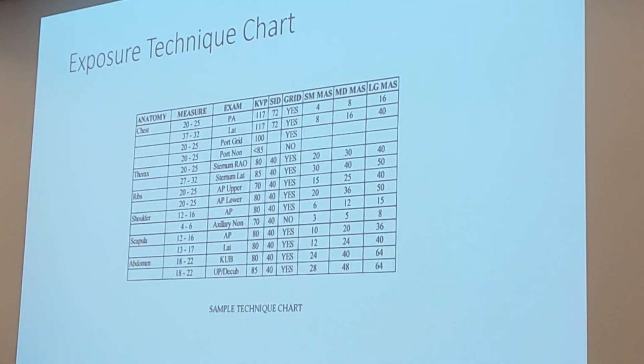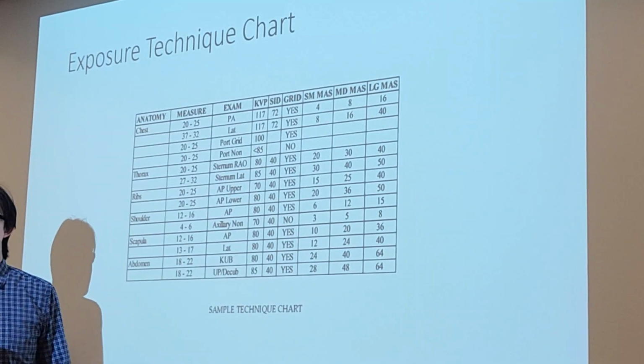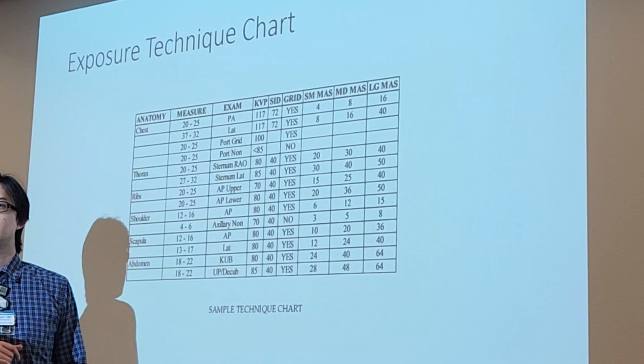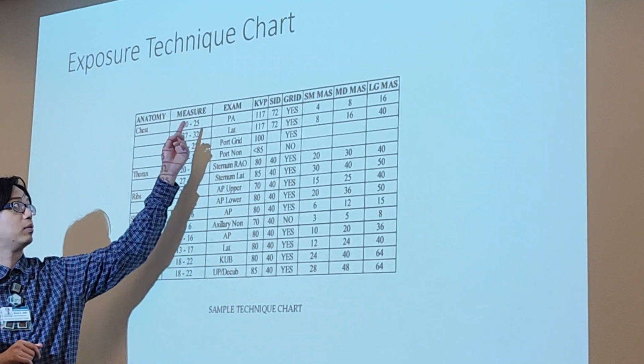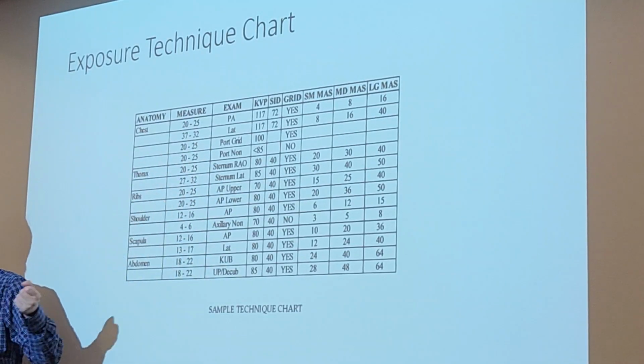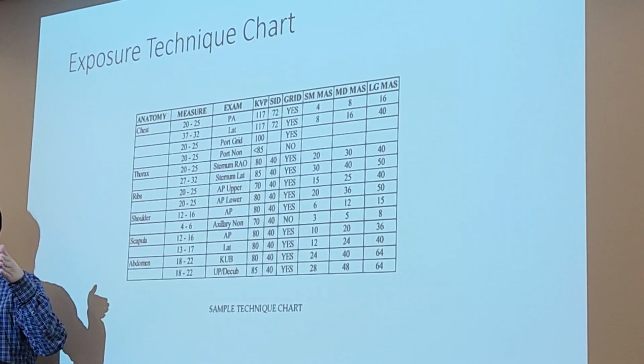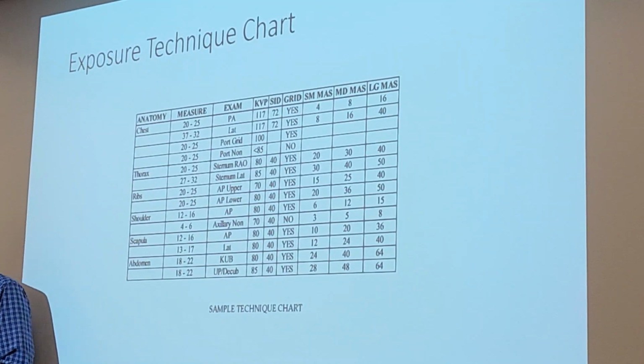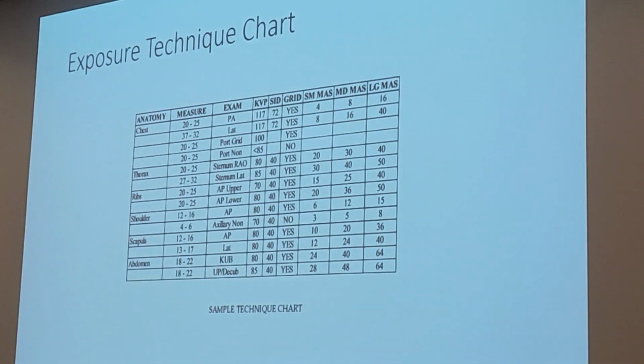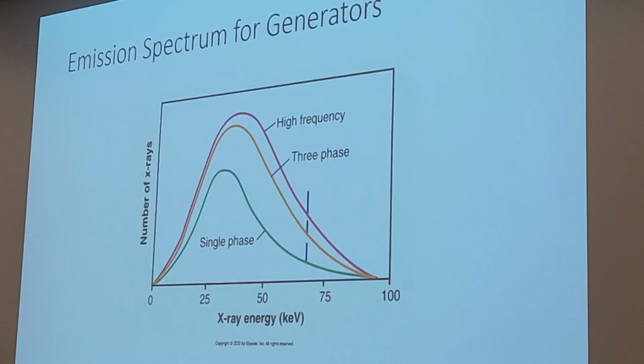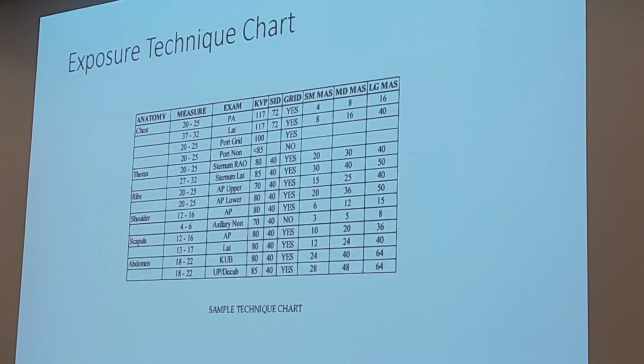Yes, Jay? So, is the measured portion habitus? So measure is going to be part thickness. So you have your caliper and you measure how big your patient is. You showed us how to use that in first semester, right?